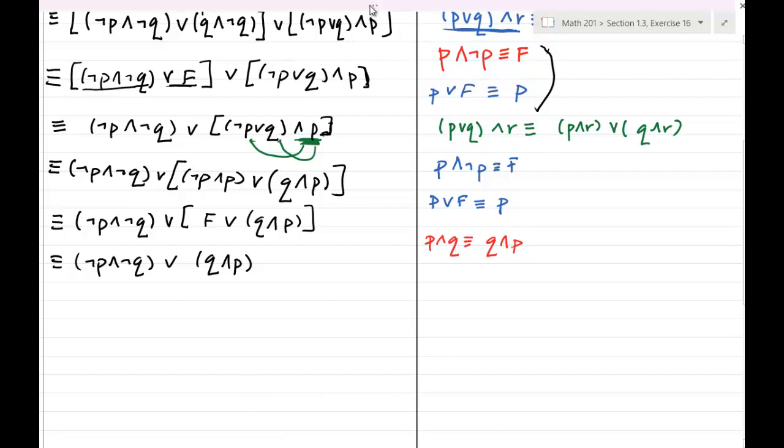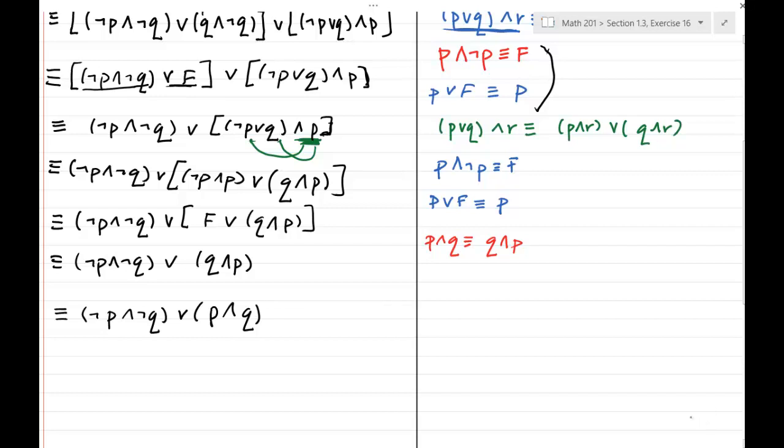So let's go ahead and apply that logical equivalence to the P, Q and P, so that that's in the same order as that final compound proposition we're trying to work towards. And really, we should do these in 2 separate steps, because it's the commutativity of the and operator and the commutativity of the or operator.